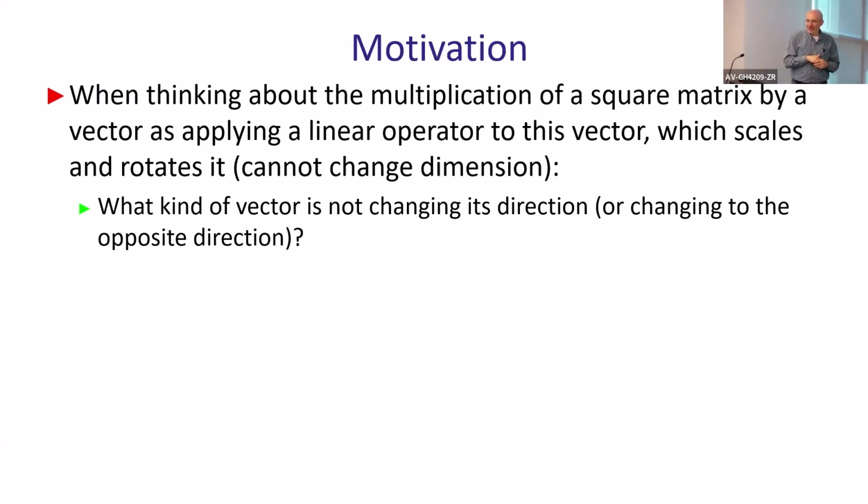We will call that an eigenvector if it is not changing direction, and it will have an associated eigenvalue, which means the scaling of that original vector, by how much you actually scale it. This eigenvalue might be positive or negative, so it could go in the opposite direction on the same line if it is negative, or if it is positive, it will be scaled in the positive direction. If the eigenvalue is 2, you are scaling that vector by 2.